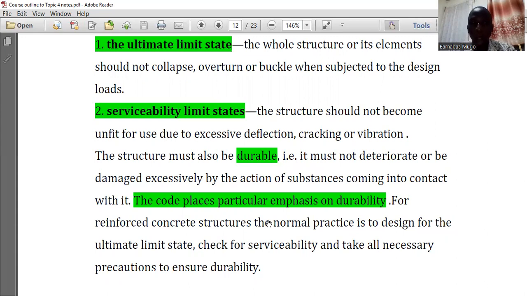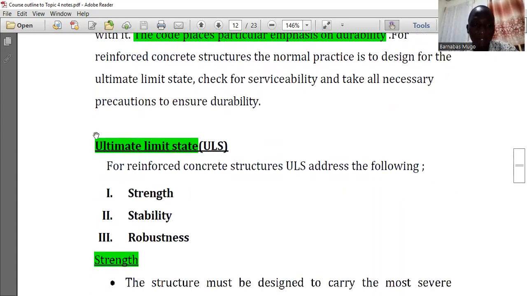We are also supposed to look at the serviceability limit state, whereby we are coming up with the comfortability aspects of those things that are occupying that structure.